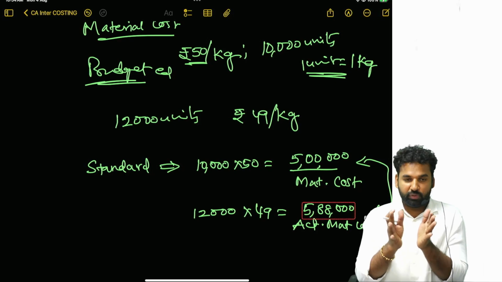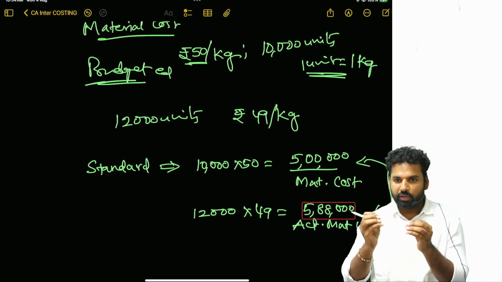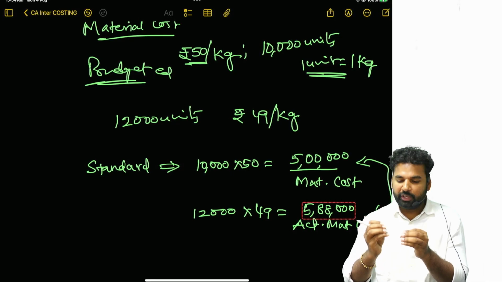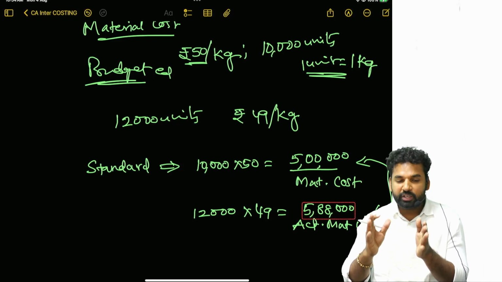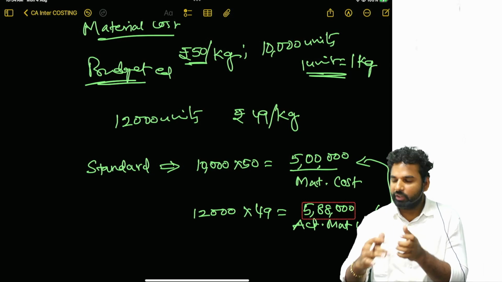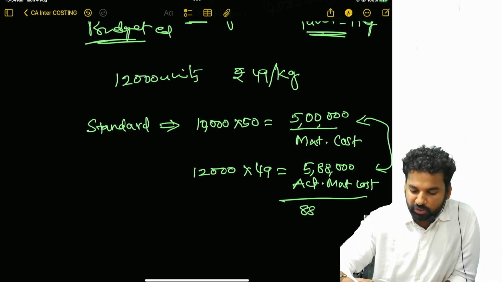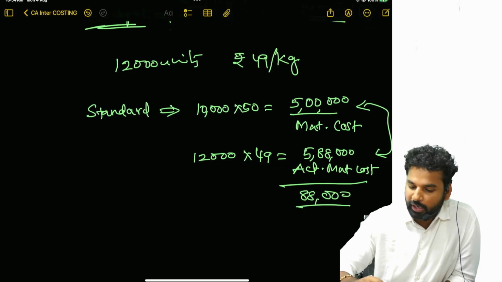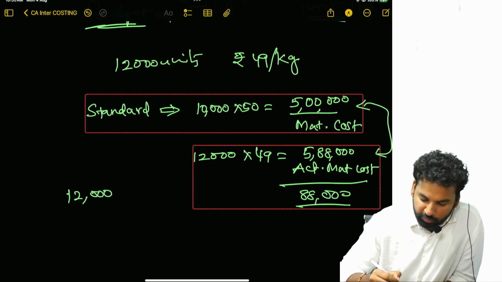See, we are putting a standard for material cost, so directly you can compare. Units are different, no? See here, if you compare like this directly, 88,000 difference will come. Otherwise, actually 12,000 units got produced.